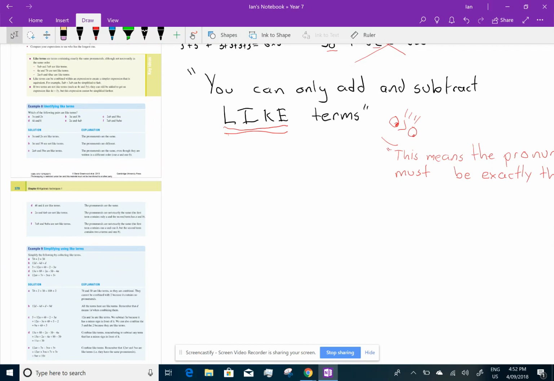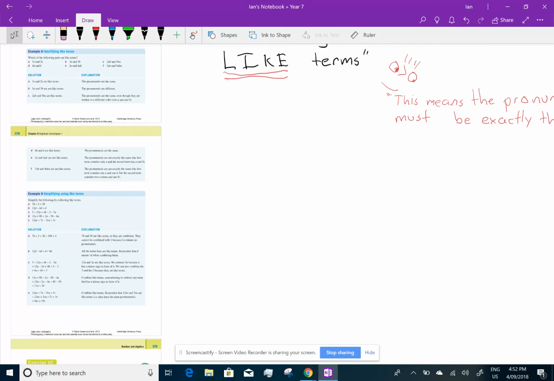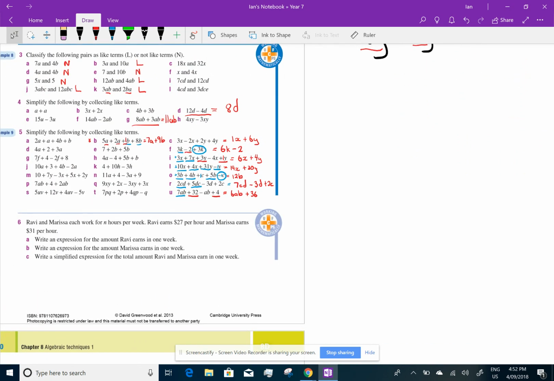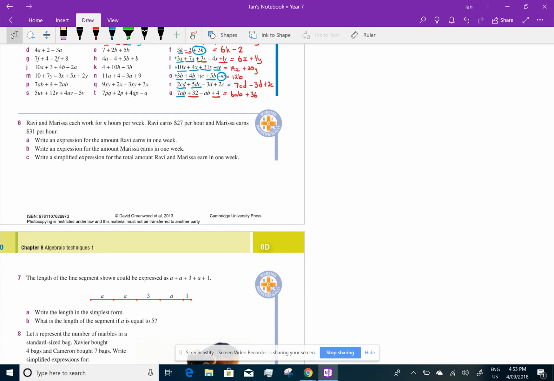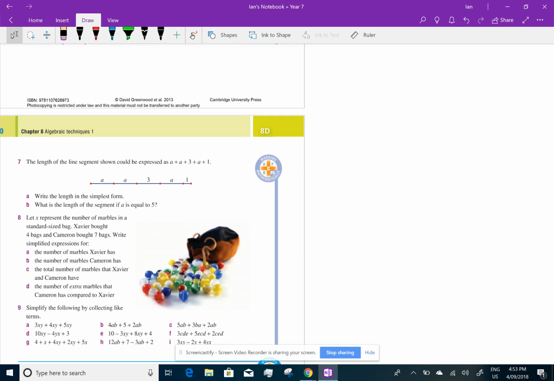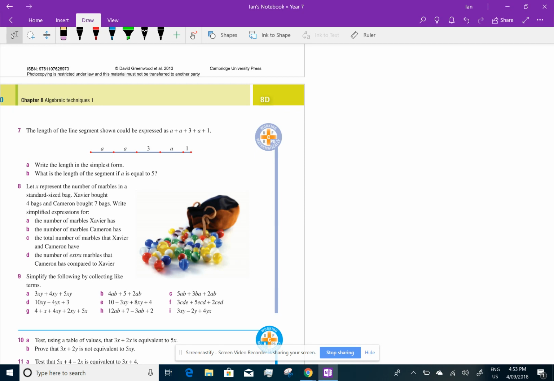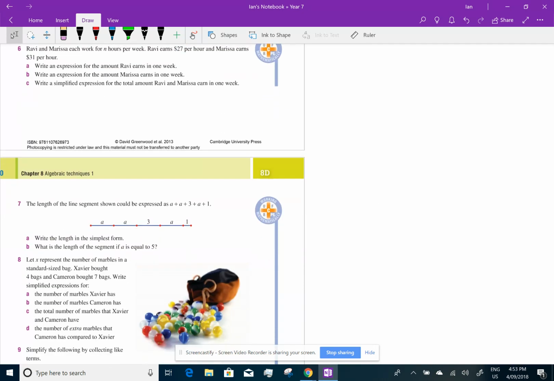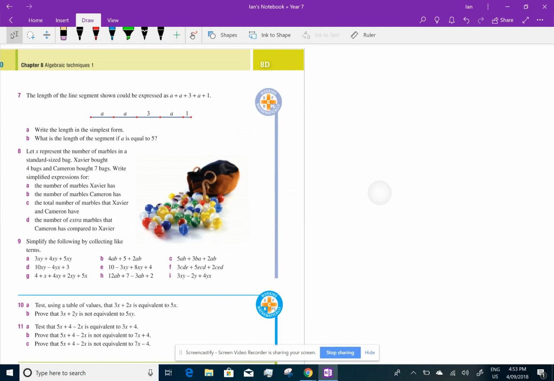Now, you also have to do questions 6 and 8. I did a sum of 4. 6 I'm going to let you have a go at. And 8 I want you to have a go at. I wish there was another one there that was similar. I suppose 7 is similar.